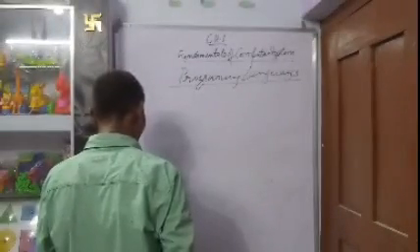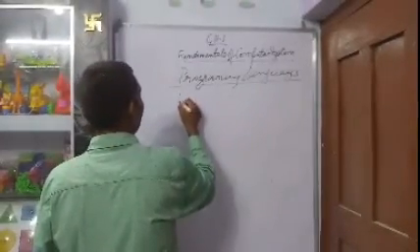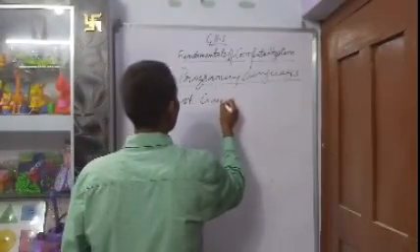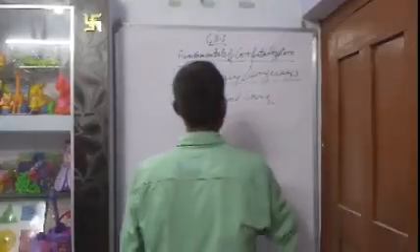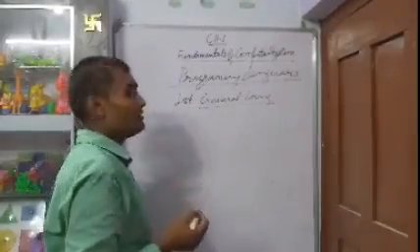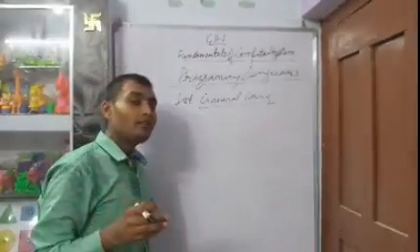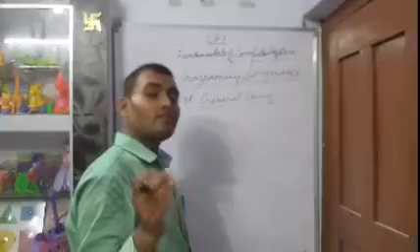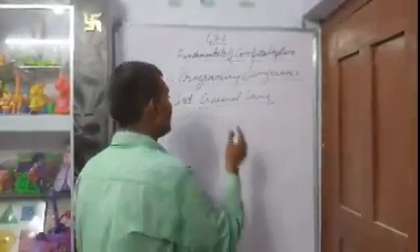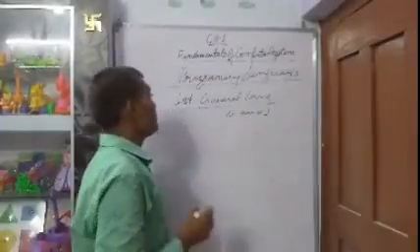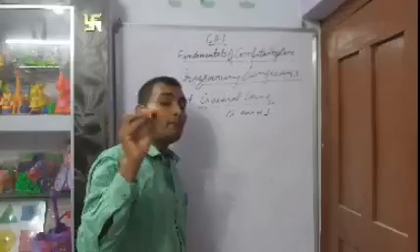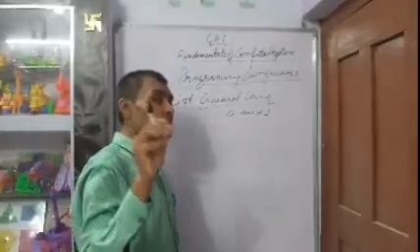So the first programming language is the first generation language. In the first generation language, as you all know, the computer understands only binary language, that is 0 and 1, the machine language.